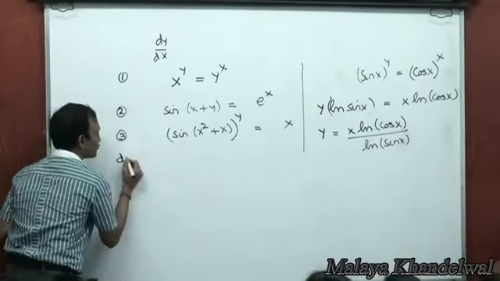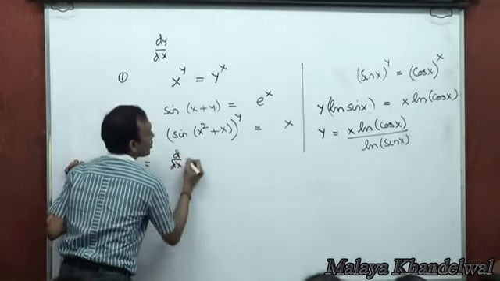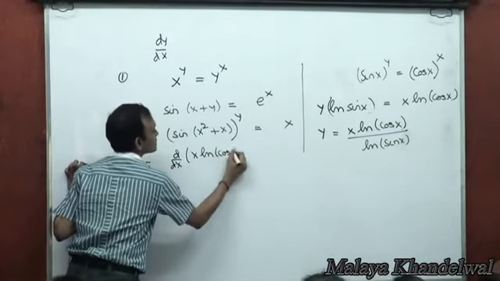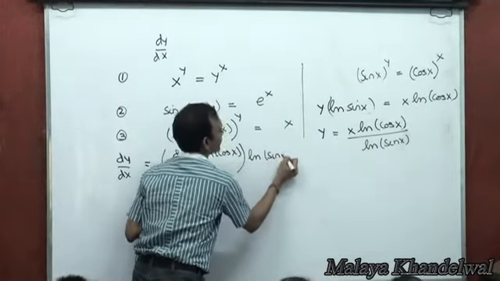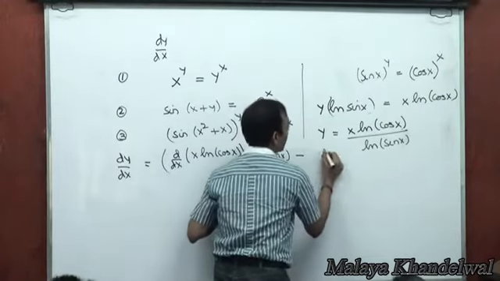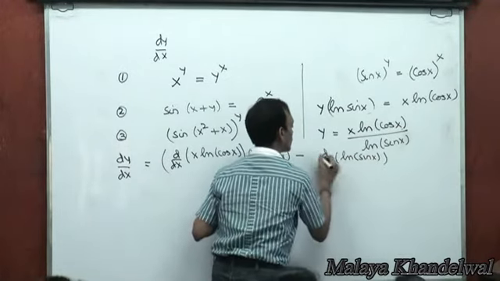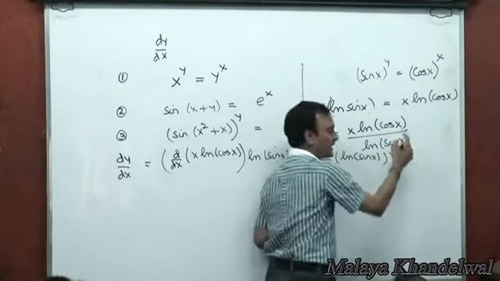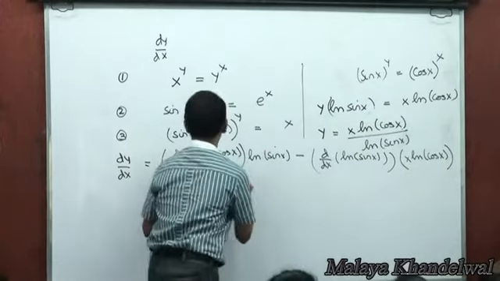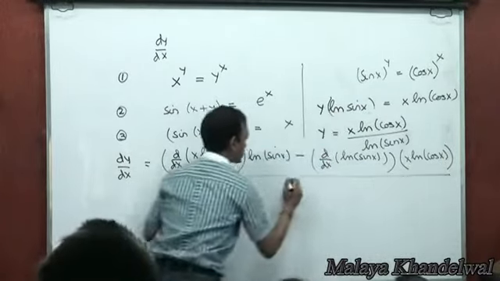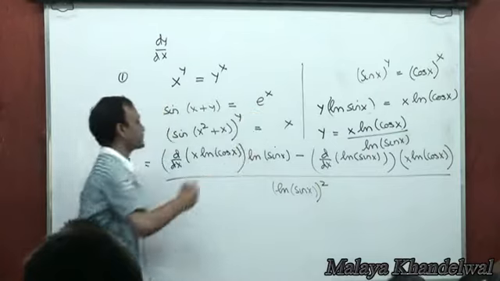So then, to find dy dx, the derivative of numerator, ddx of x ln cos x, into denominator, which is ln sin x, minus ddx of ln sin x into numerator, which is x ln cos x, divided by denominator squared, ln sin x whole square. So far so good?